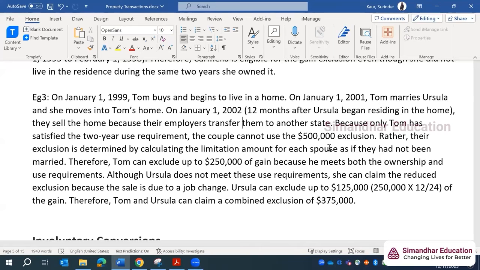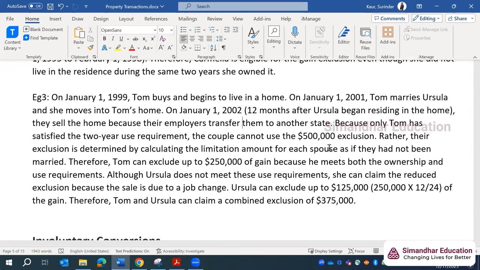The wife is only satisfying the use requirement for 1 year. So in this case, the wife's exclusion will be prorated. Okay. So the husband's exclusion amount is $250,000. The wife's is $250,000, for a total of $500,000.